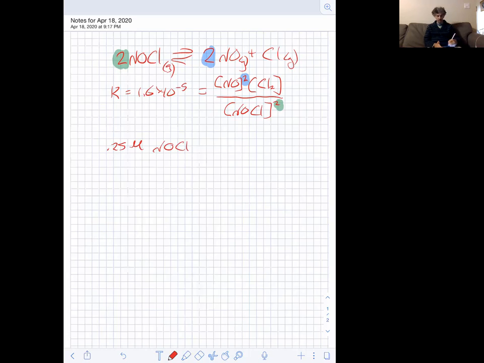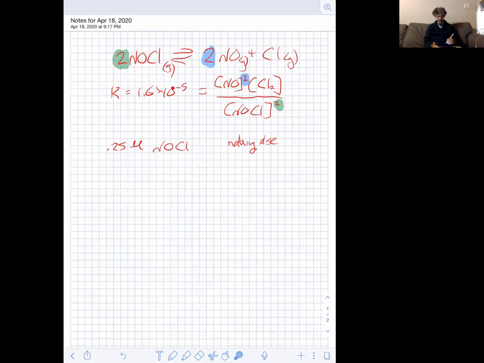And let's say we start with nothing else. So with nothing else there, you can probably believe me that the reaction will go towards the products. But not much because of this very small value of K. Still, a little bit of product will get formed and we can figure out how much.